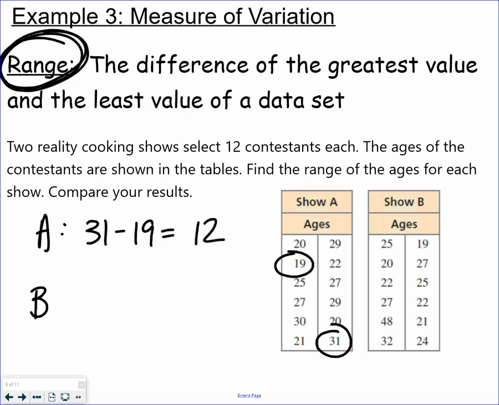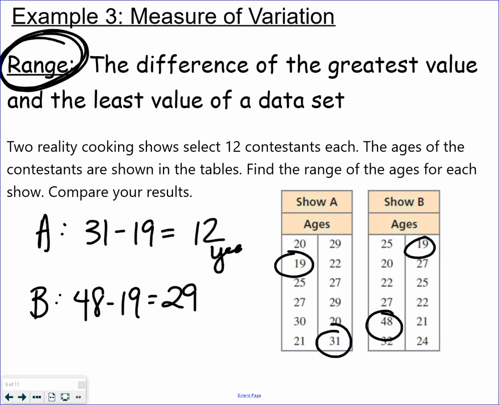Now, show B has a little bit of an outlier. There's somebody in there that's 48 years old. So that is the oldest person in show B. And in show B, the youngest person is 19. So now the range in ages for show B is 29 years.